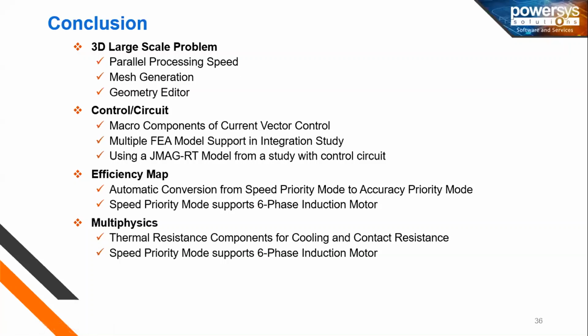When we do the analysis on the same machine, we will come to know how much faster version 21 is than the previous version. And as we discussed earlier, the current vector control component can be easily done with version 21, and we have seen how multiple FEM models can be handled in a single analysis.